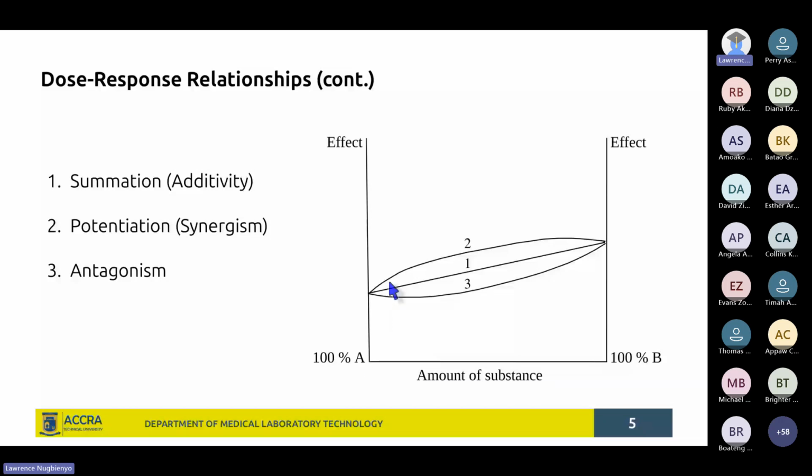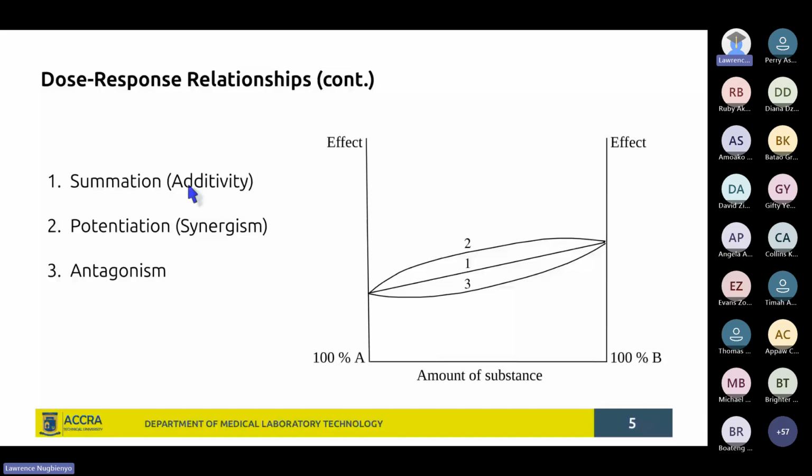The effect is increased. That's why we say it's potentiation. You are increasing the potency of substance A by introducing substance B, even though substance B is not having any effect.